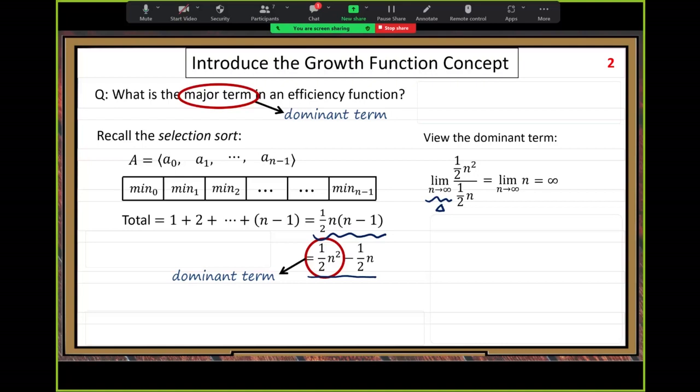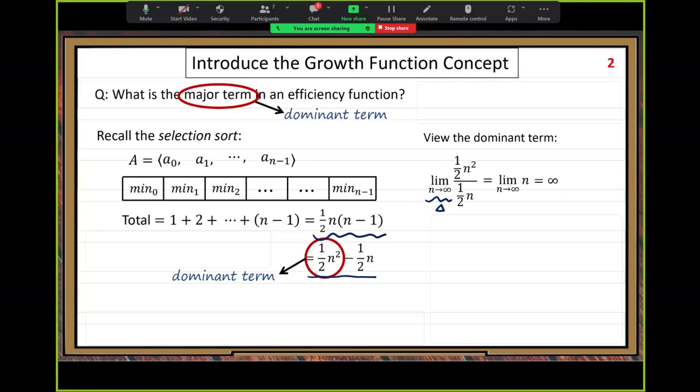Based on this computation result, can you see how the first term dominates the second term? The first term dominates the second term because their ratio approaches infinity.